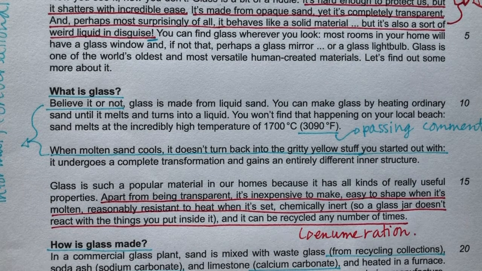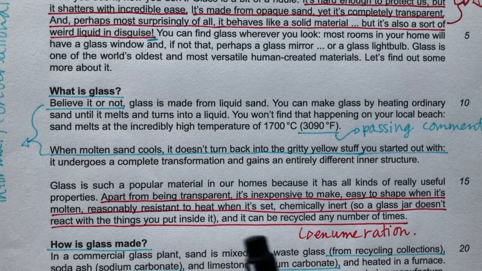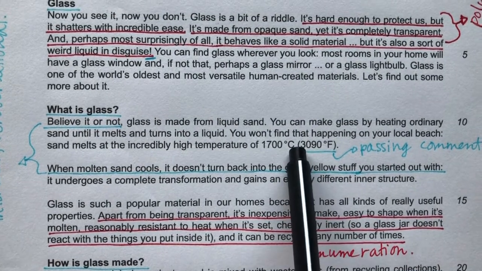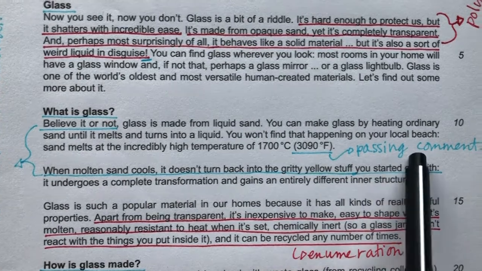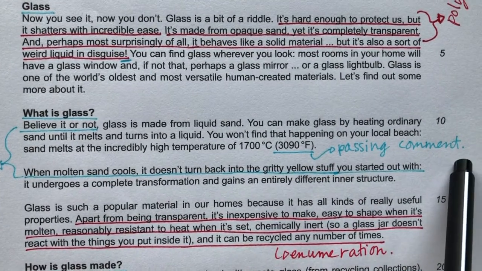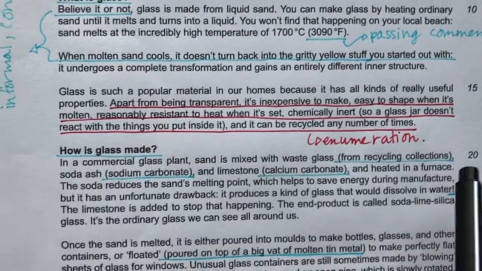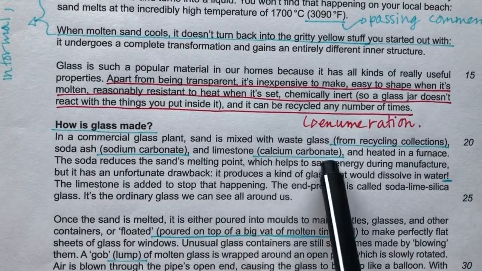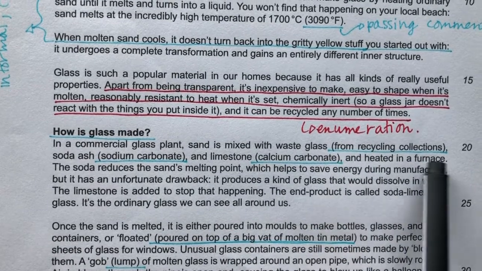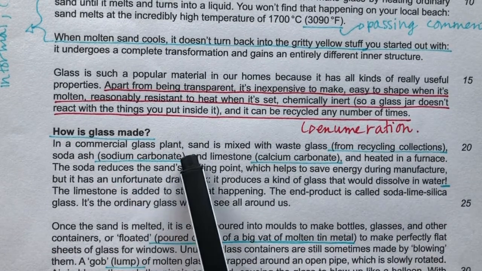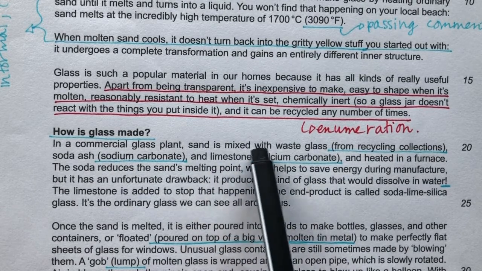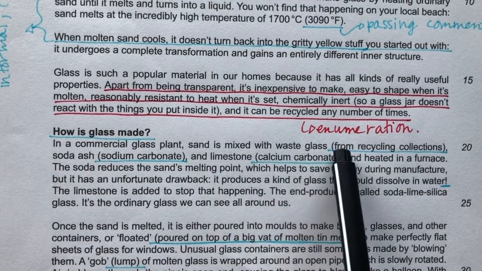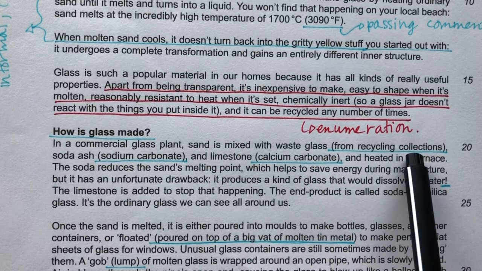Okay, and then for style, another important thing is the use of parentheses, right? For passing comments that the writer is making. So here the writer uses parentheses a lot to make comments. For example, here, sand is mixed with waste glass from recycling collections.